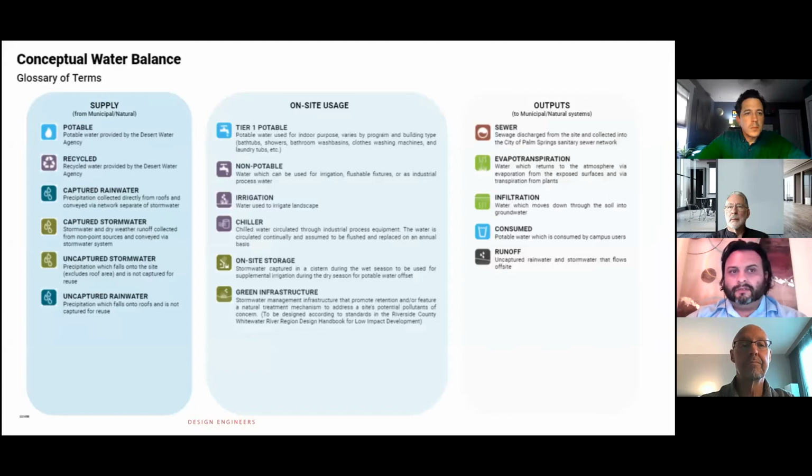And so in order to do this, we have to start with a water balance, really looking at the supply of water. What are some of those supply sources? How much potable water do we have? Is there a recycle system on site? How much rainwater are we going to capture? How much stormwater is available throughout the project site? And then there's that usage.